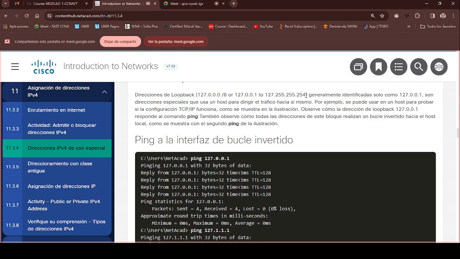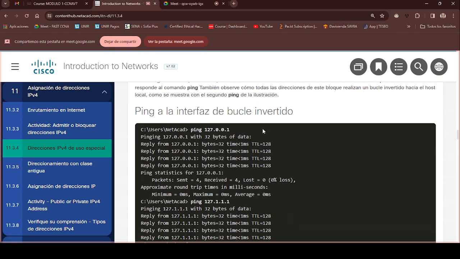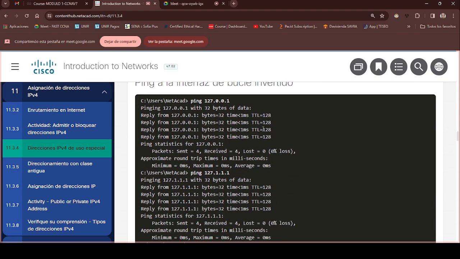Entonces estas direcciones se aplican hasta la 254. Normalmente se utiliza para probar nuestro stack de IP en nuestra propia máquina, en nuestra máquina local.